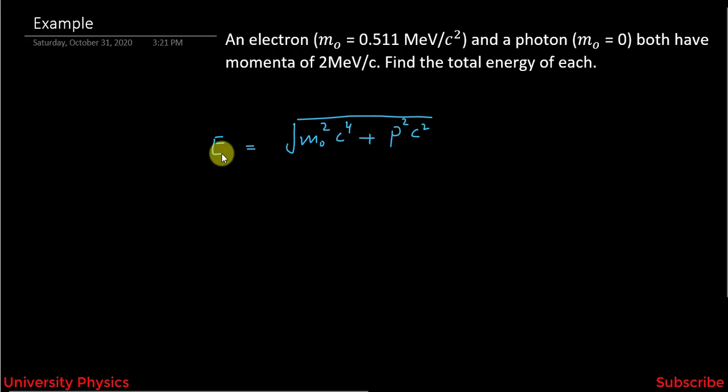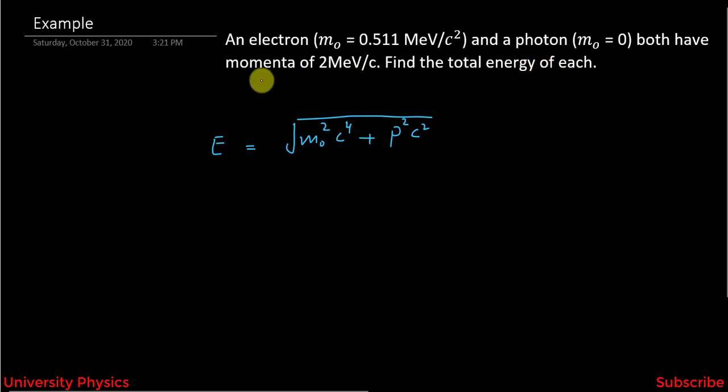According to this example, an electron of rest mass 0.511 MeV per c square and a photon of rest mass 0 both have momenta of 2 MeV per c. Find the total energy of each.